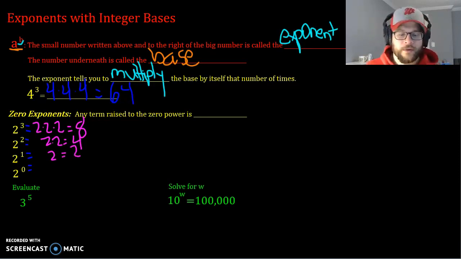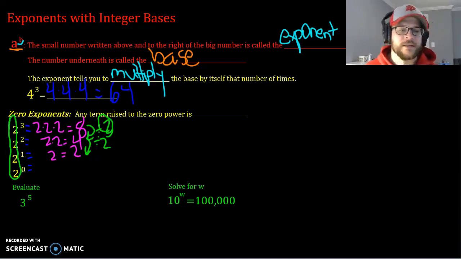Now the pattern that needs to be recognized when going sequentially decreasing from each of these numbers, to go from 8 to 4 and 4 to 2, is that you are dividing each of those by 2. And the reason why it's specifically 2 is because all of our bases are 2.